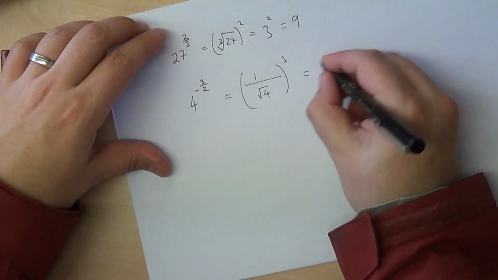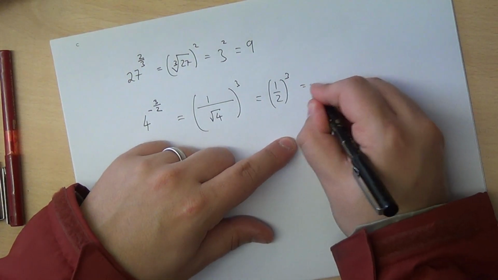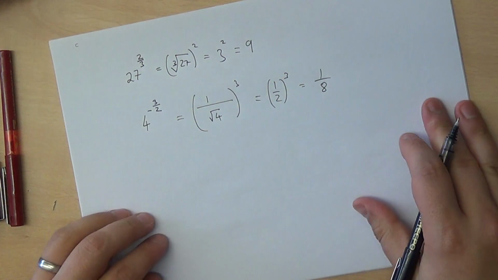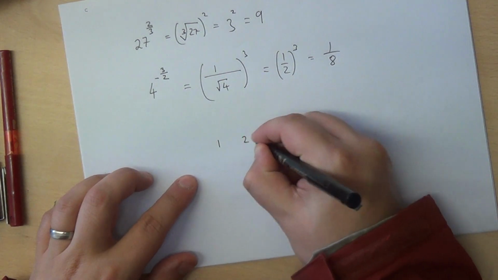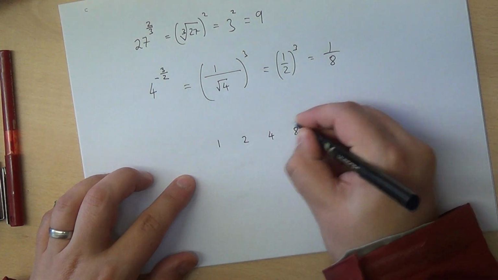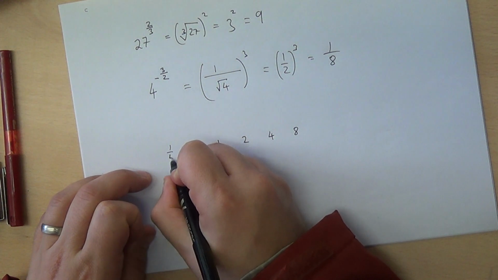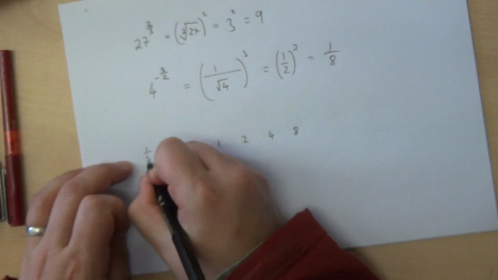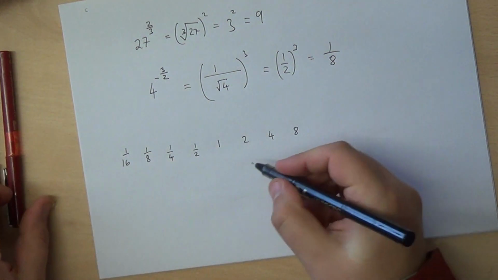So we're going to get 1 over 2 cubed, which is 1 over 8. And if we want to try our number line thing, 1, 2, 4, 8, a half, a quarter, an eighth, a 16th. So this is our number line in 2s.